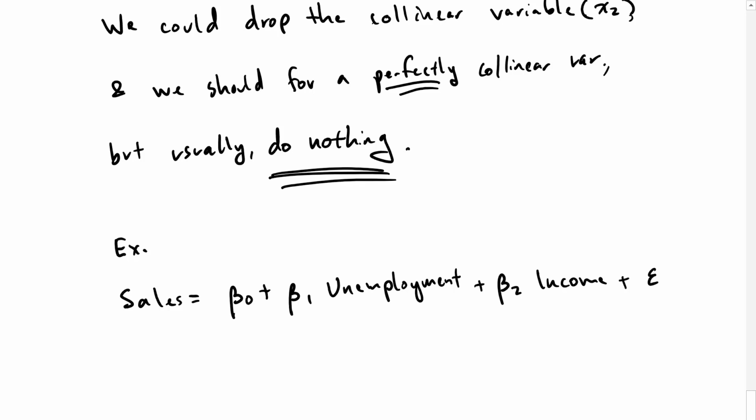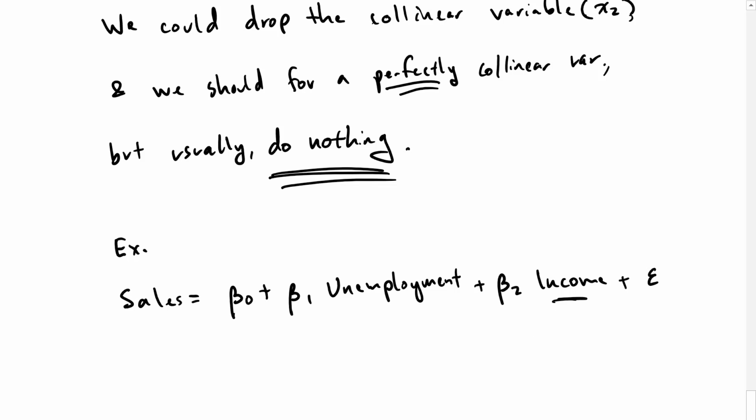Well, unemployment and income are correlated. If you're unemployed, your income is going to be lower. Or in general, if a town's unemployment rate is lower, that town's income per capita is going to be higher. So these are definitely multicollinear with each other to a certain degree.